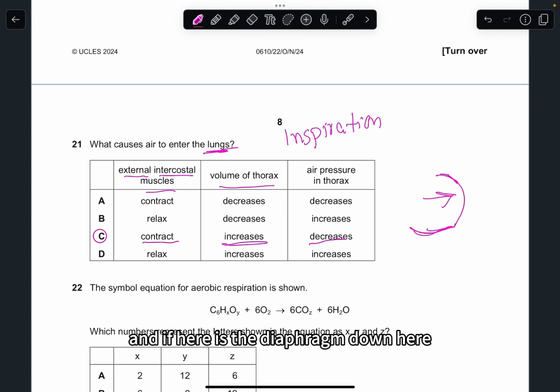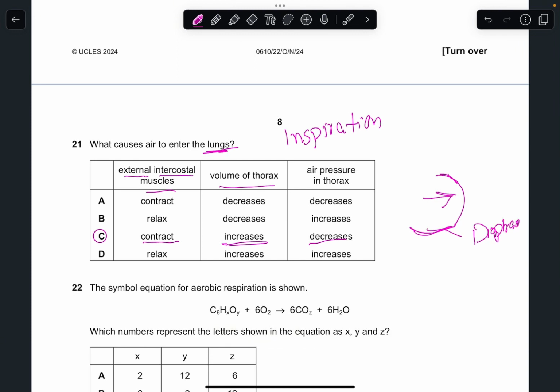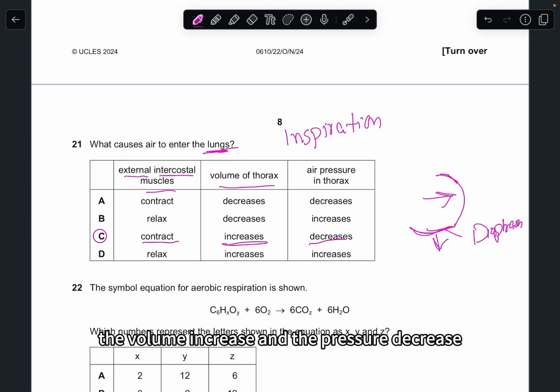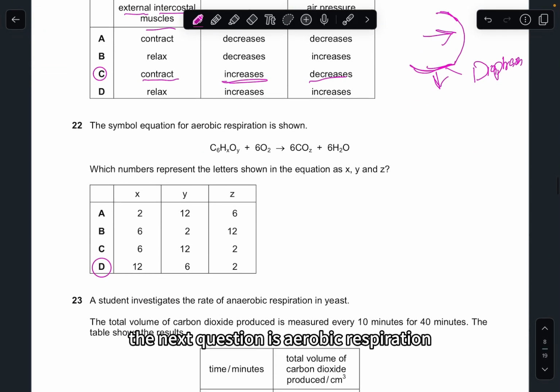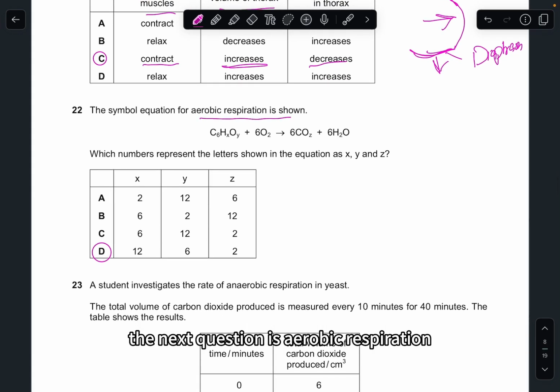The diaphragm moves down, and that's how the volume increases and the pressure decreases. So the answer is C.